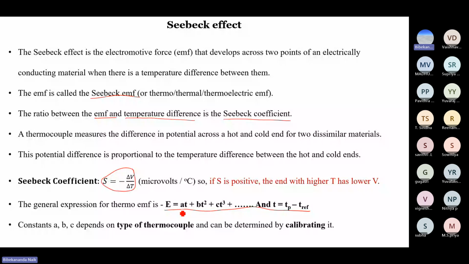These constants A, B, and C depend upon the type of thermocouple, and these constants can be determined by calibrating the thermocouple. So the experiment is performed to draw the calibration curve of the thermocouple, with the potential developed on the y-axis and the temperature difference on the x-axis, and the slope gives the Seebeck coefficient.